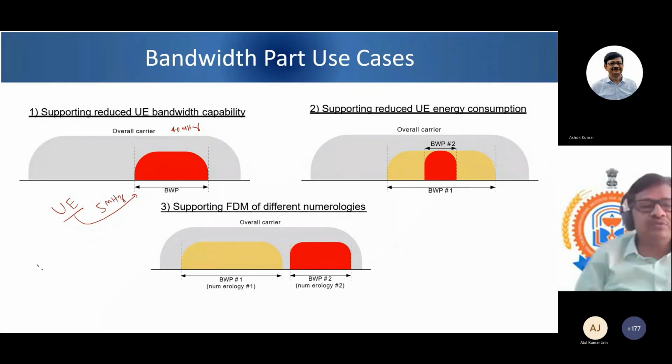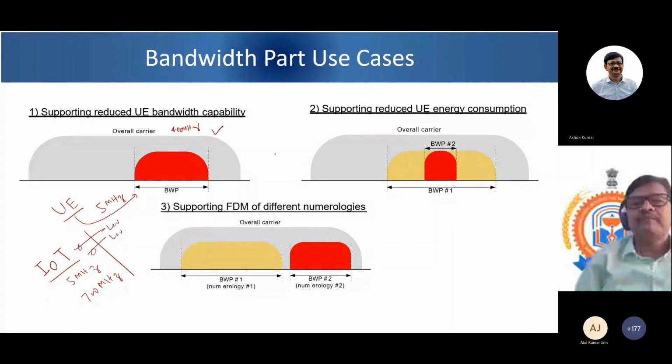Suppose you want to design connectivity for IoT, you do not go for 400 megahertz, you can go to say 5 megahertz. Then whatever electronics you are designing, you may do it for only the 700 megahertz band, as I know that IoT coverage I'll get on a lower band. So your cost of IoT and your complexity of IoT will be less. Cost and complexity will be less. So this is one of the use cases.